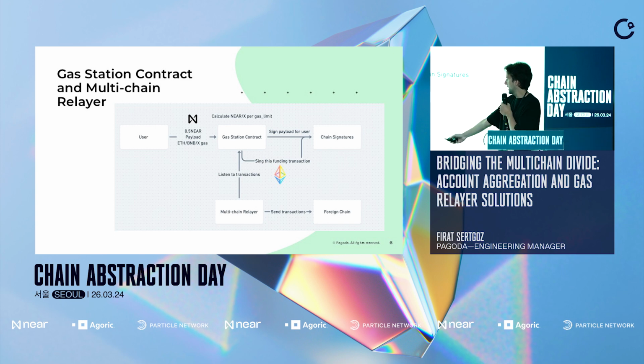The multi-chain relayer entity operates all of this infrastructure for you and accepts or rejects your transaction based on the rules it defines on the gas station contract. It could be, I will only cover the gas if the user is sending a transaction to a specific smart contract on ETH. It could be, I will only send a transaction 5 times from this user. It could be, I will only send this transaction if you pay me this amount of upfront cost so that I can keep this infrastructure running.